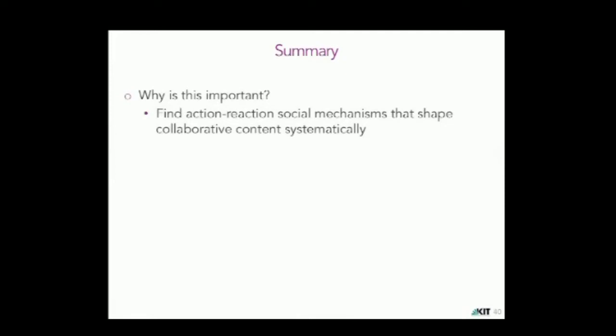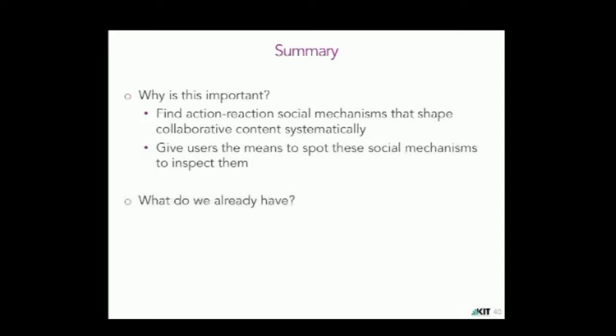So the summary is, why is this important? First, define these social mechanisms: whether they appear systematically in Wikipedia, and whether we can identify them in a way that lets us say we're sure it's the same social mechanism. Second, give users some way to inspect articles using them.